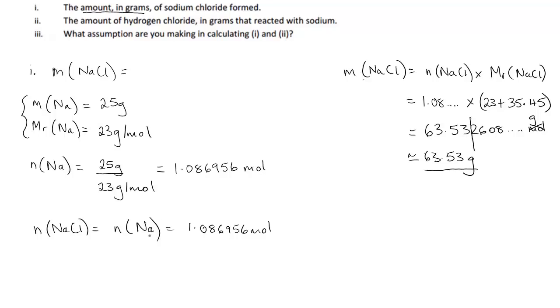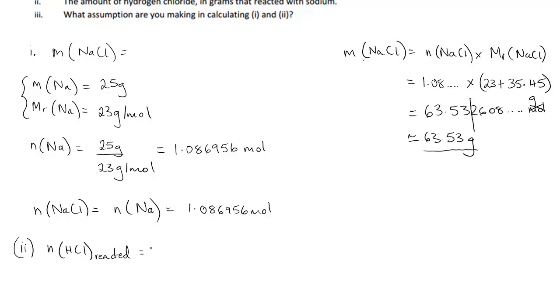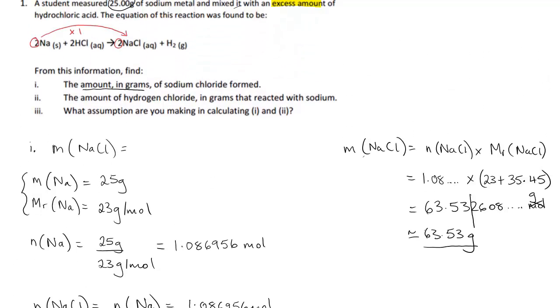Now, find the amount of hydrogen chloride in grams that reacted with the sodium. In question 2, we have to find information about the mole of hydrochloric acid that reacted with the sodium. That is going to require us to use a bit of stoichiometry.